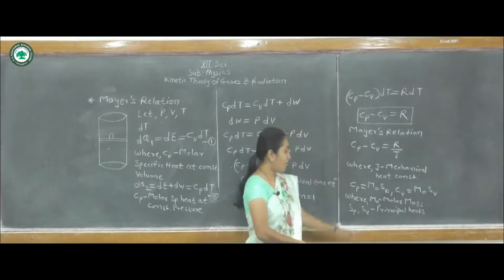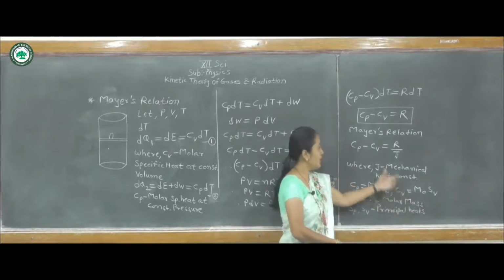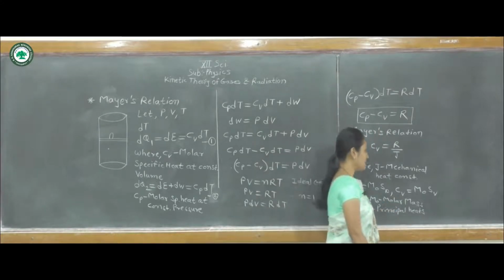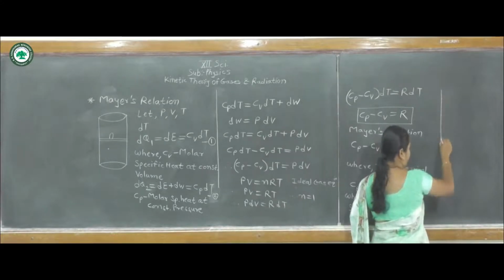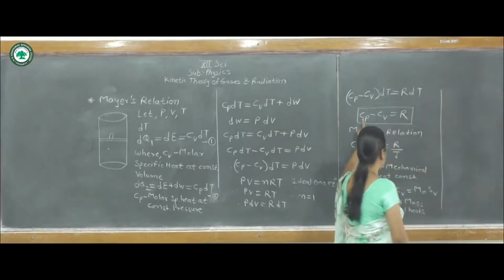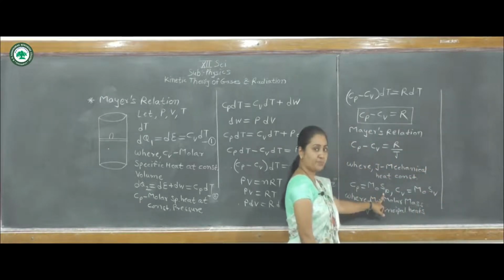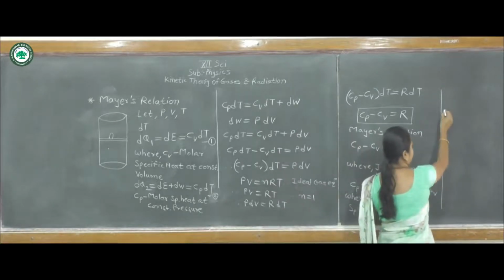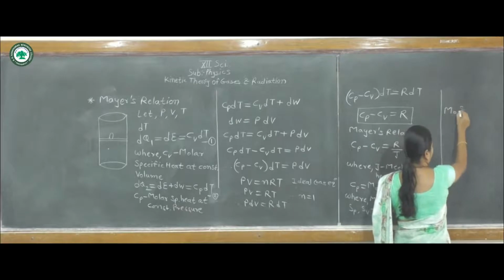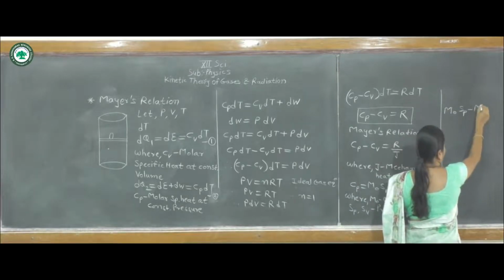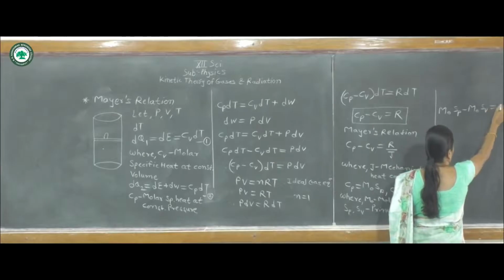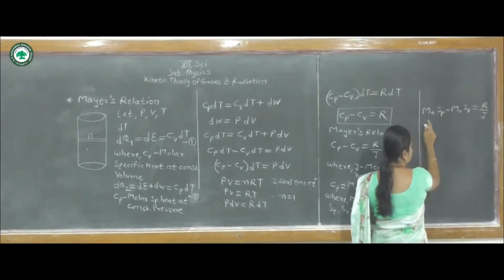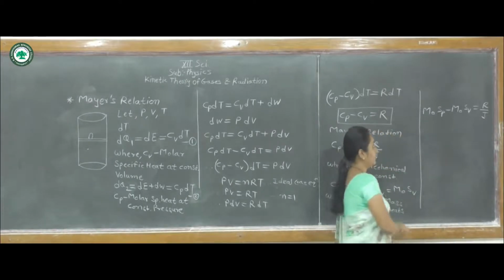So now by using these values in this equation of Mayer's relation, Cp is equal to m0 Sp, Cv is equal to m0 Sv. So m0 can be taken as common.